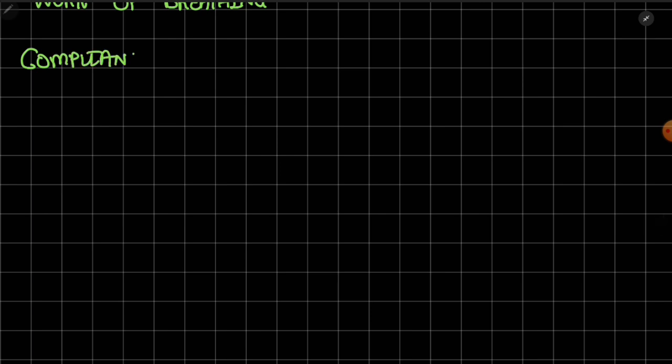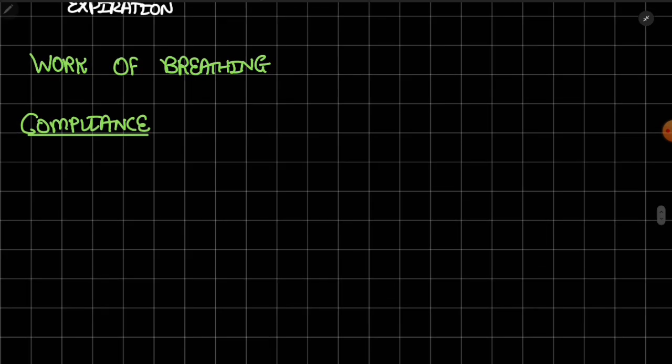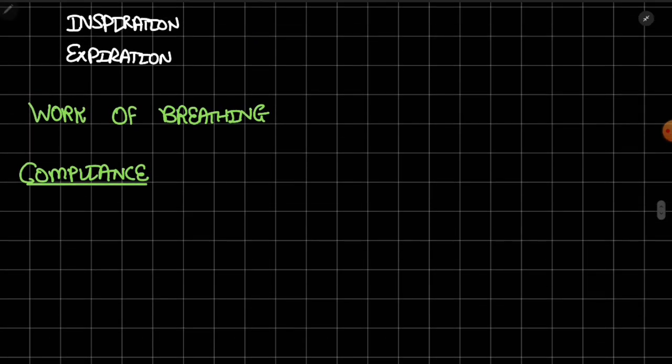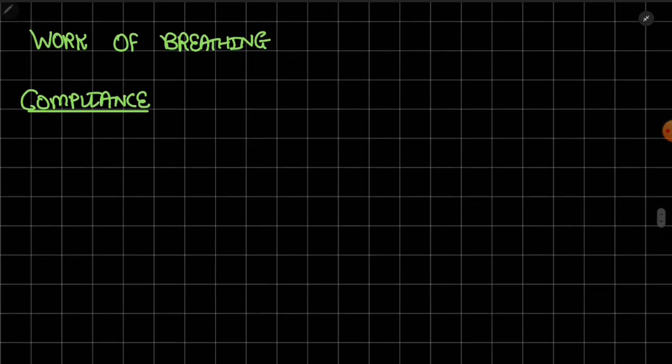Why am I taking compliance first? Because people get confused between compliance and elasticity. I also got confused. I read work of breathing first and then compliance, so I got confused. Therefore I am taking compliance first.